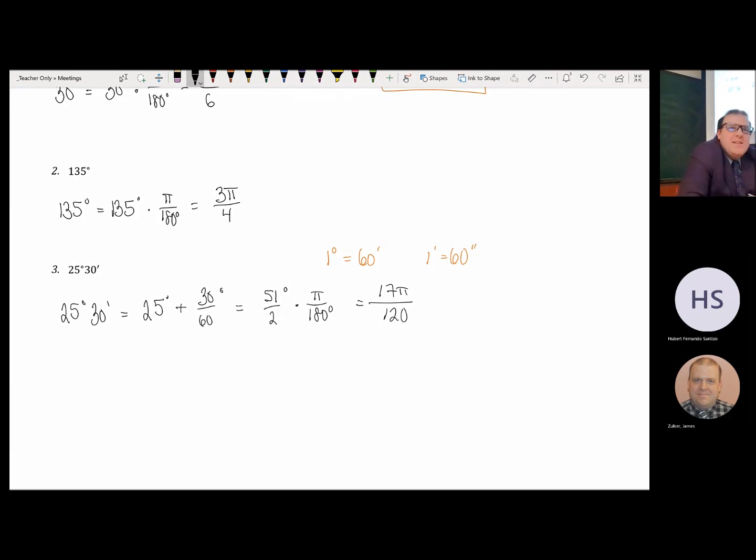So we get 17 pi over 120. Yeah, because 30 over 60 is a half, right? So 25 plus a half. Common denominator is 2. 25 times 2 is 50 plus 1 is 51.